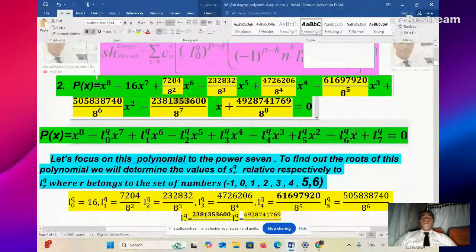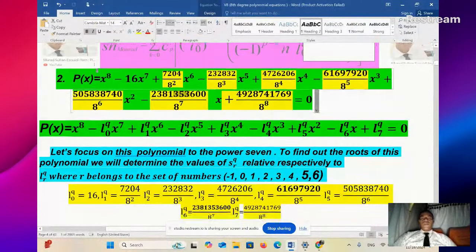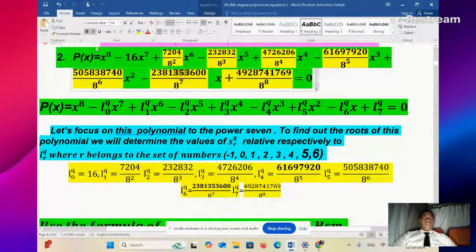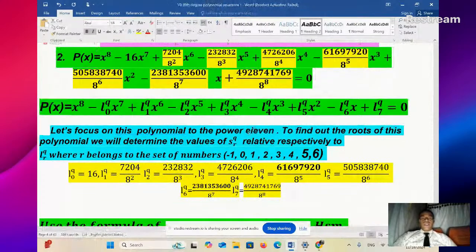Now we challenge solving this 8th degree equation. It's known that this is in fact 1 to the power 8.